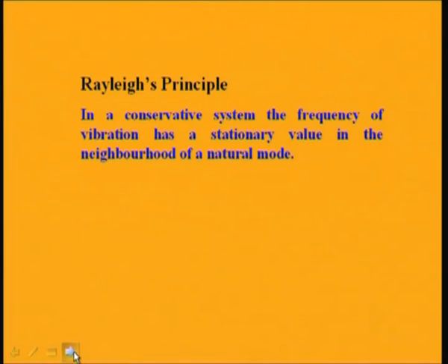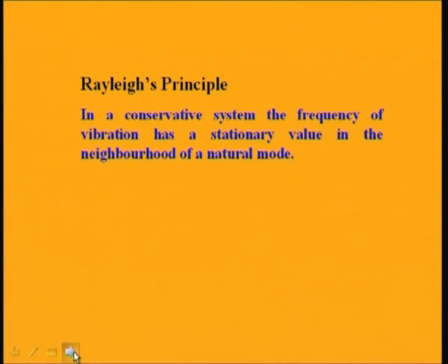So, we have started with the Rayleigh method, and the Rayleigh principle is: in a conservative system the frequency of vibration has a stationary value in the neighborhood of the natural modes. So, in the neighborhood of the natural modes the eigenfrequencies are concentrated.